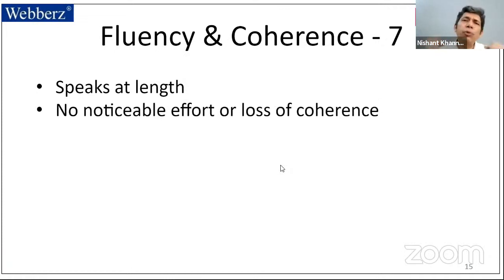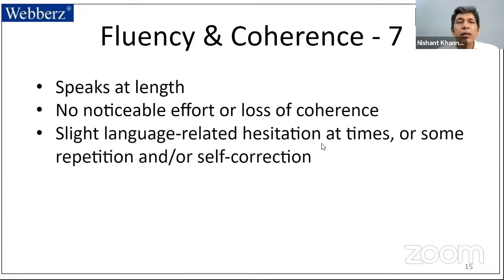That means you don't have to put in an effort like your vocal cords are strained, and there's a loss of coherence where the examiner can't understand what you're saying. That's a level of 7. Slight language-related hesitation at times or slight repetition and self-correction is there, then you get 7. And if you are even worse than this, then you get 6, 5, 4, 3, 2, 1, 0.